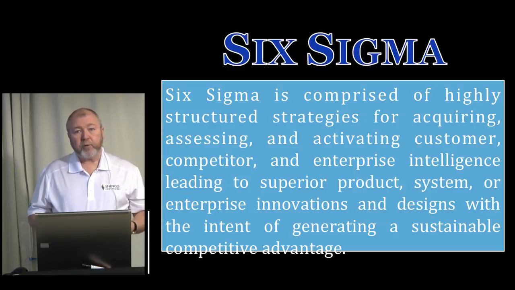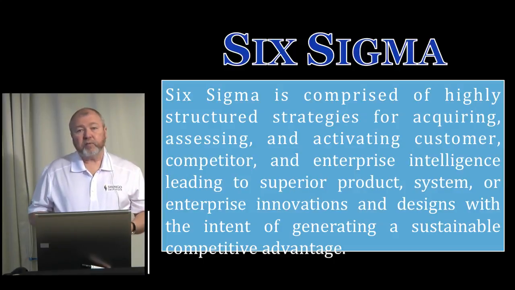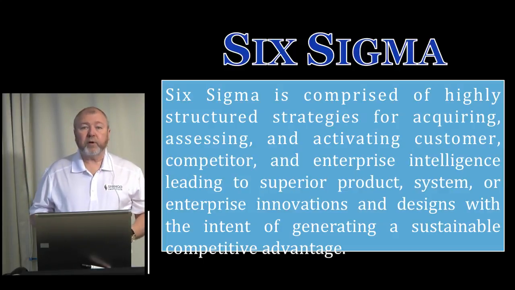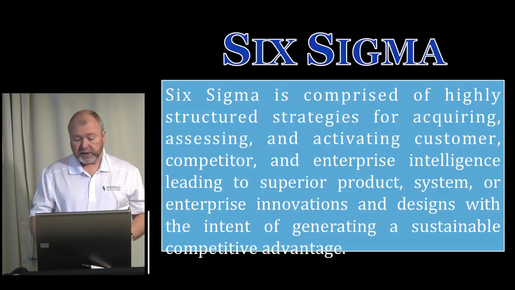Now, we do that for a purpose. We do these things with the purpose of providing really superior products, systems, designs, processes that will really delight our customers, really satisfy our customers. Why do we do that? Well, ultimately we do that because we think that's going to provide a long-term or a sustainable competitive advantage for the organization itself.